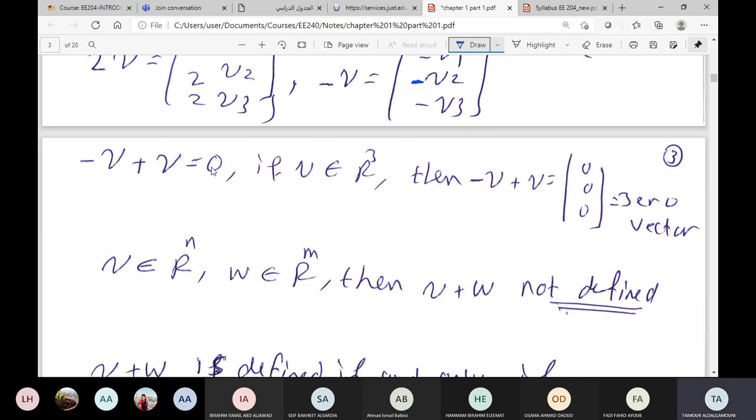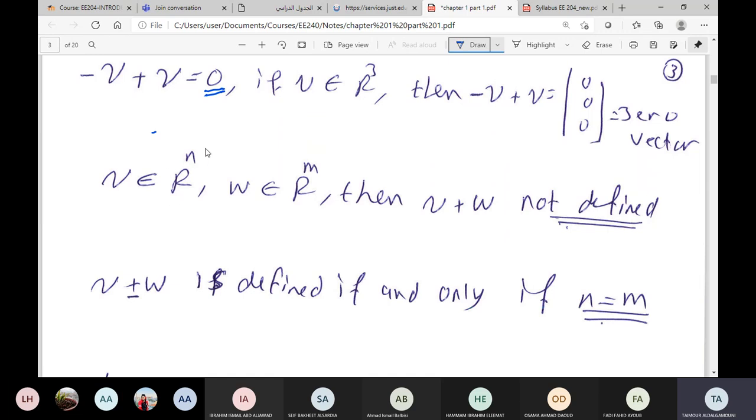Minus V plus V will give us the zero vector. This is a zero vector, not a scalar zero. This is a vector with all its components equal to 0. So if it is a three-dimensional vector, then minus V plus V will give us 0, 0, 0, which is the zero vector.